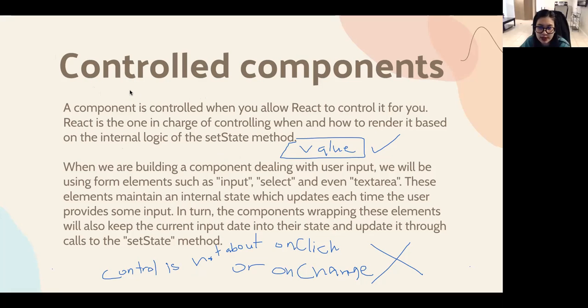It's all about the value, about who is controlling the value. When we don't put anything in the value when we write React code, that means the DOM will take care of it. But if we add value equal to something, usually a state, right? Then we are controlling the value. We are in control, so it's a controlled component.